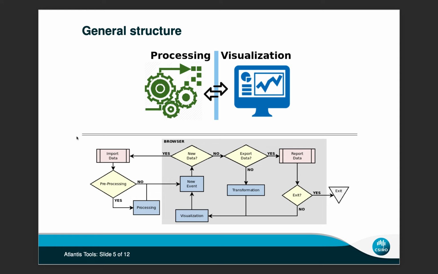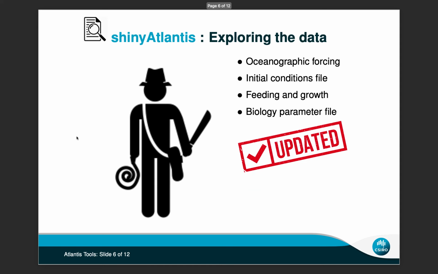So that was my idea when I created the Reactive Atlantis, and it's something very similar to what Chain did when he created the Shiny Atlantis. The Shiny Atlantis is being updated right now, so it will run with the new parameter files. You have the oceanographic forcing files, initial condition files, and feeding, growth and biology parameter files.